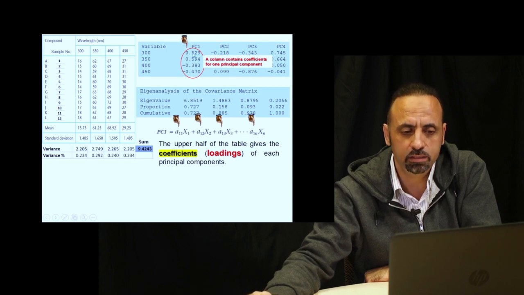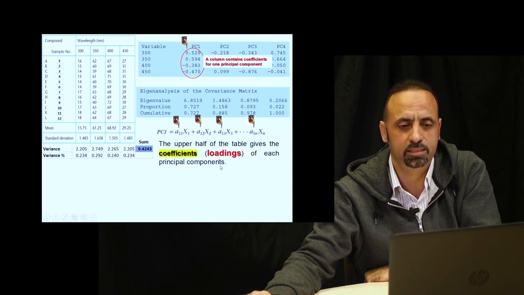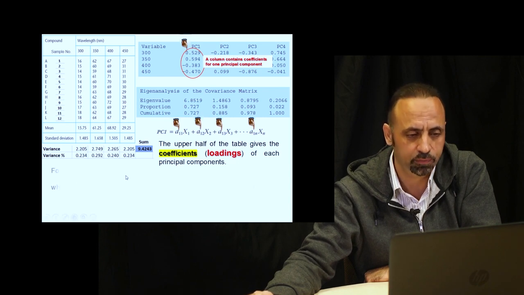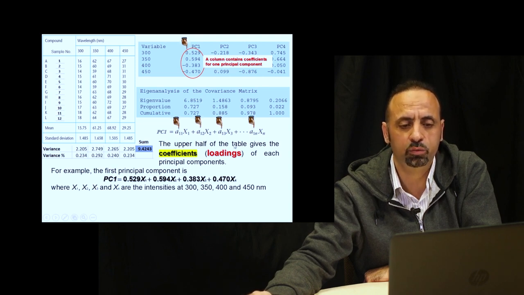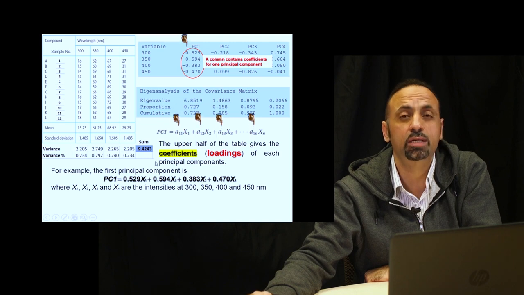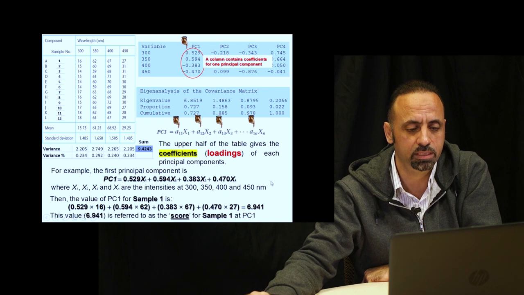The coefficients of this column of principal components are called loadings, because they are the coefficients used to make a projection. And these coefficients can be used, as we saw before, to make a conversion from the x variables to other variables called PC1 or PC2.